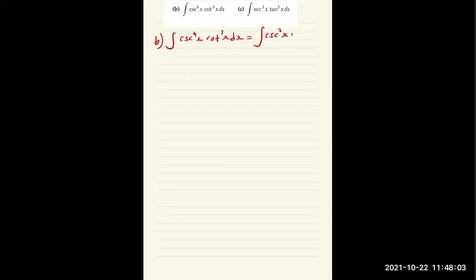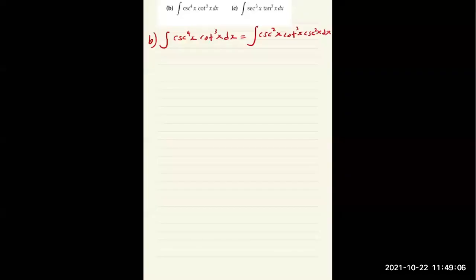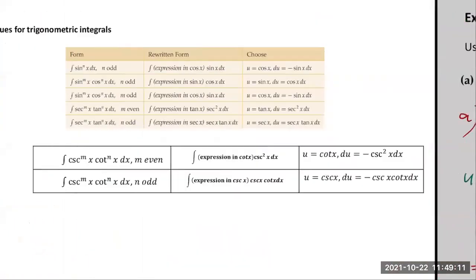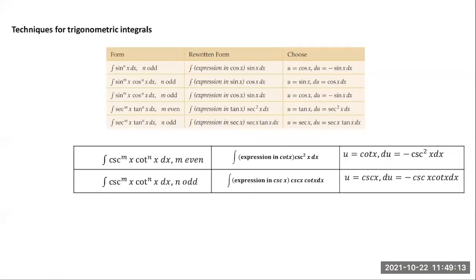Cosecant squared x, cotangent cube x, cosecant squared x dx. Okay, that way I have cosecant squared x dx at last. That's what I want.